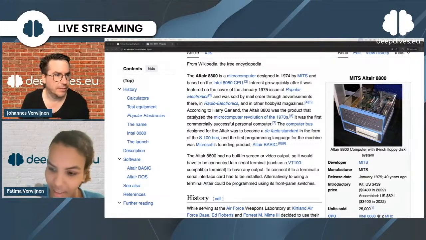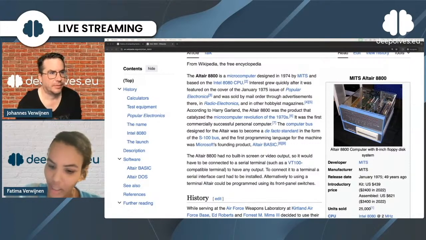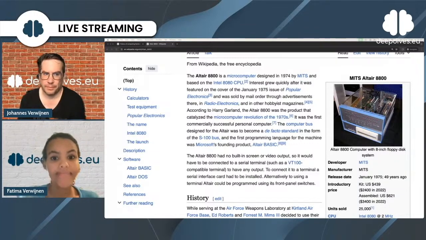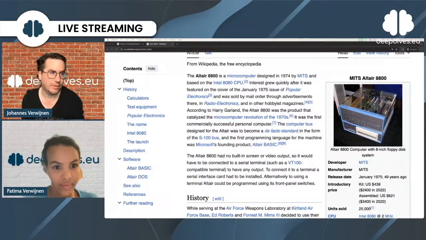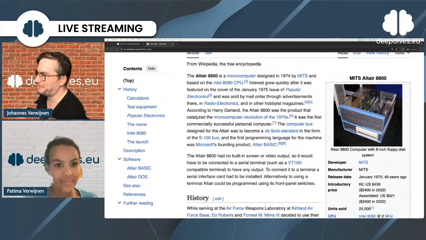Yes, and it was Popular Electronics magazine that published an article about the Altair 8800. So you could buy this as a mail order thing, and you wouldn't get it assembled, or I guess you could later get it assembled as well. But originally, it came as a kit, do it yourself. You finish it yourself once it gets to your home.